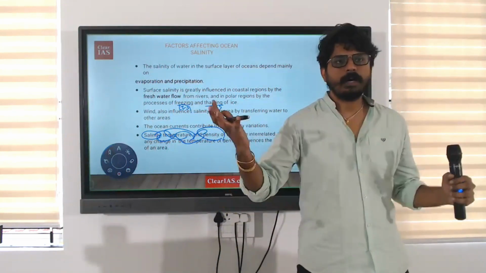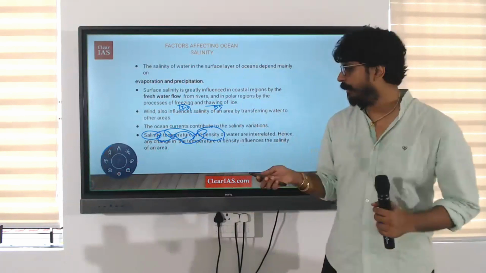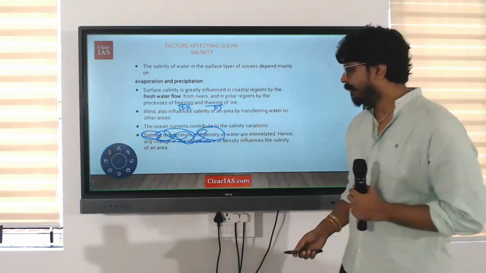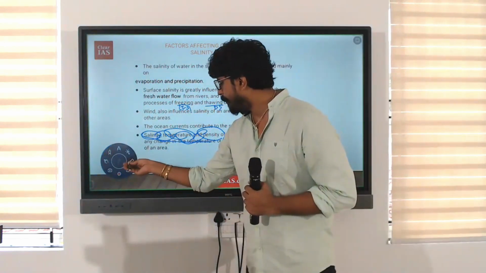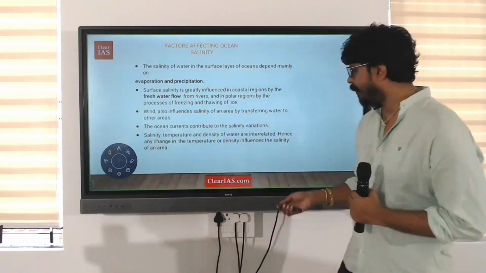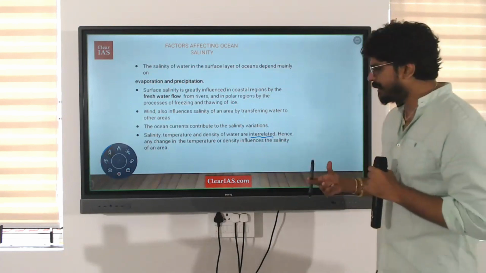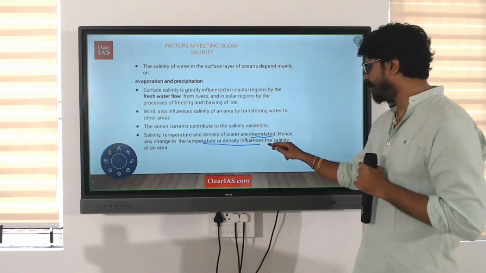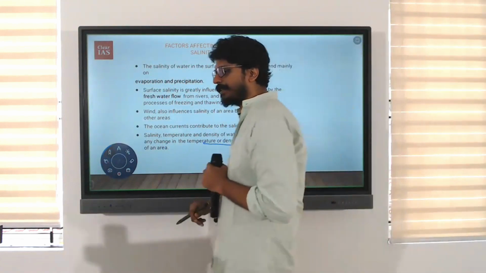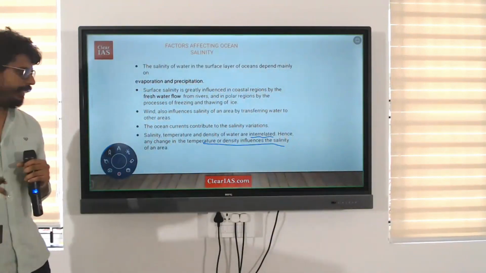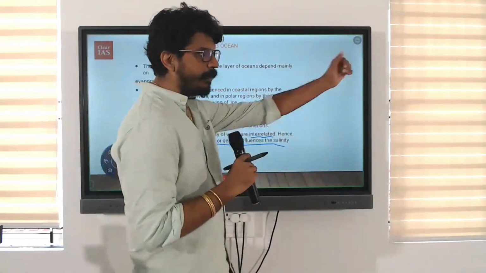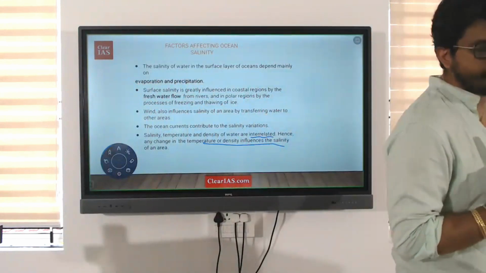So they'll all change together, right? The salinity, the temperature, and the density of water are interrelated. Any change in the temperature or density influences the salinity of the area.